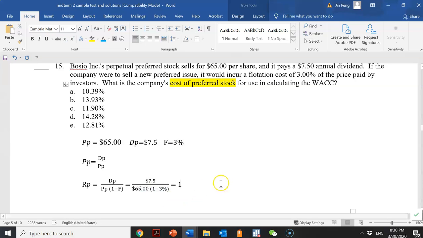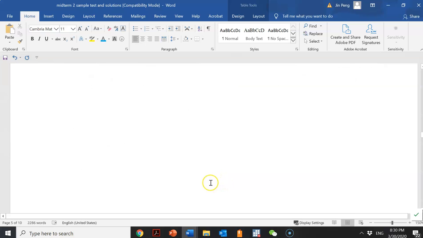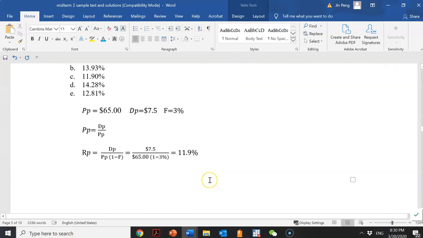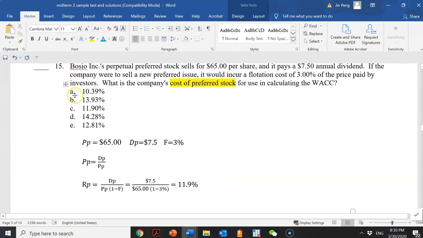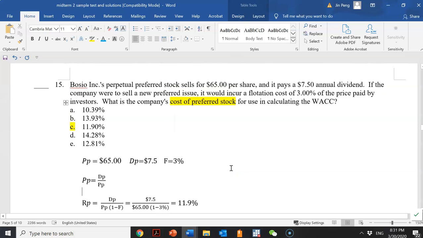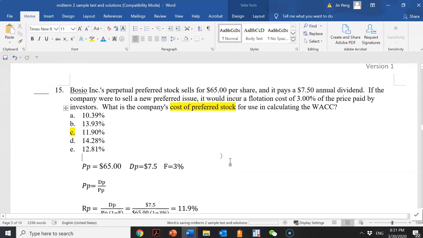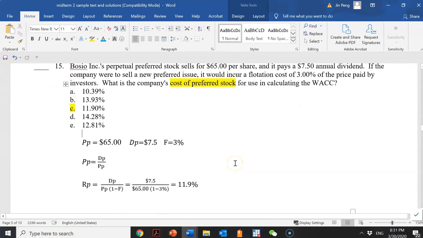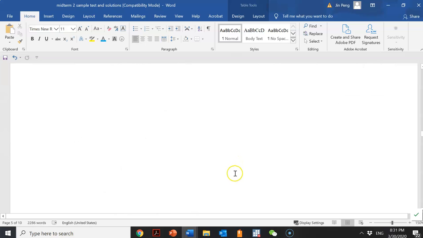This should give us 11.9%. Okay, so this helps us to choose option C. Okay, so this is the answer to all these 15 questions.